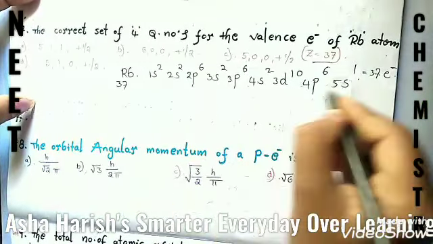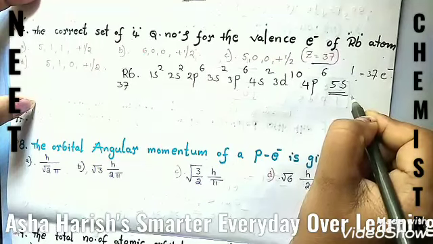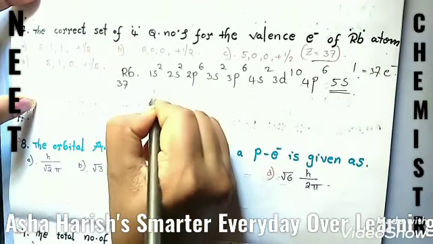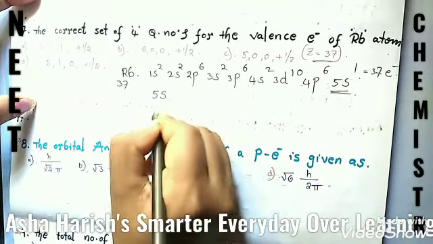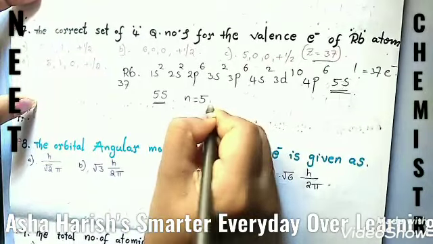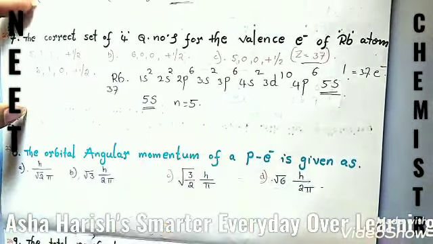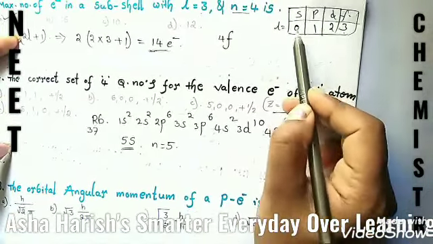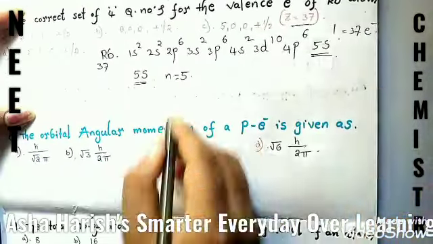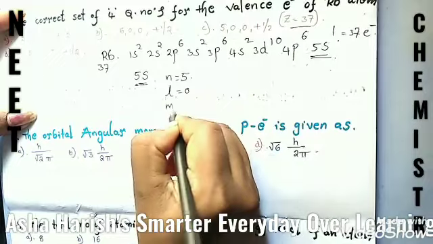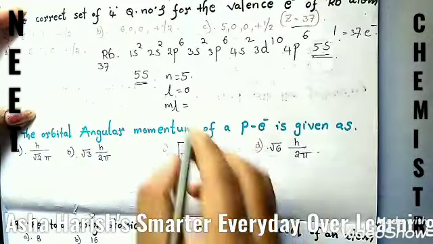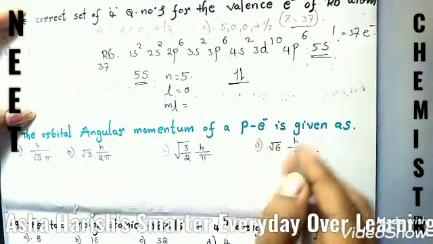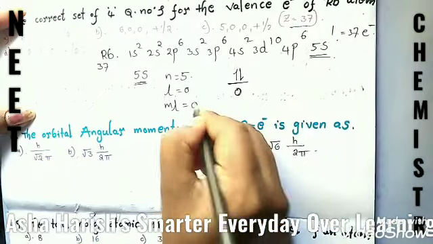And students, for the 5s orbital, you can calculate the quantum numbers. 5s means n is equal to 5, and if it is an s orbital, you can see this table, the L value must be 0. Then for L equal to 0, the ml value is also 0.